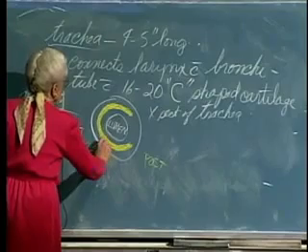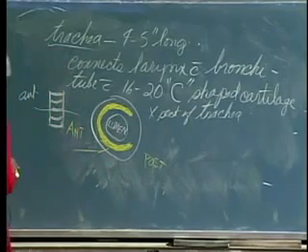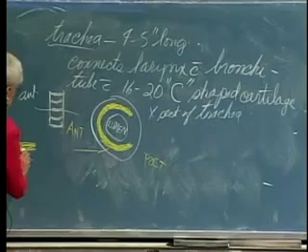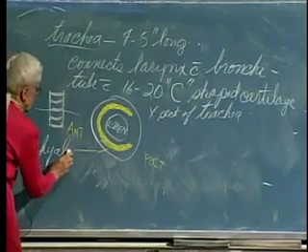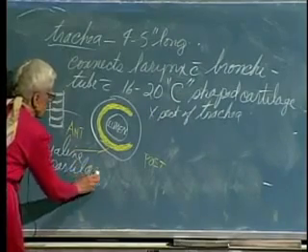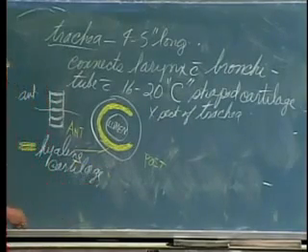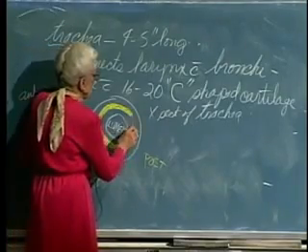So this is my hyaline cartilage in yellow. In between the two ends of the C is smooth muscle.